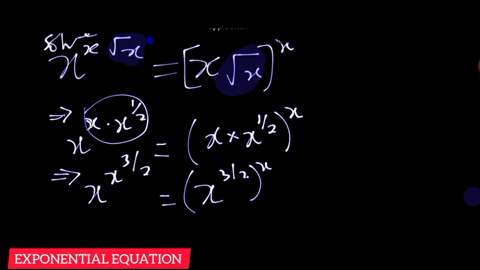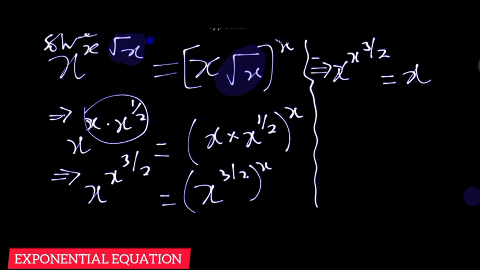The next thing we are going to do is, we have x to the power 3 over 2 equals (x to the power 3 over 2) to the power x.